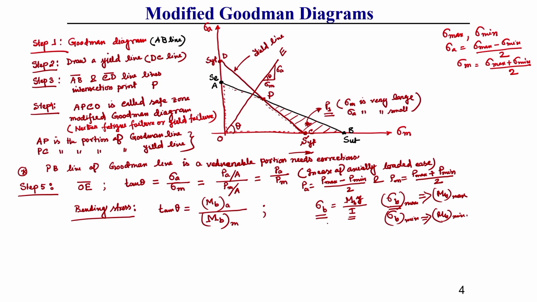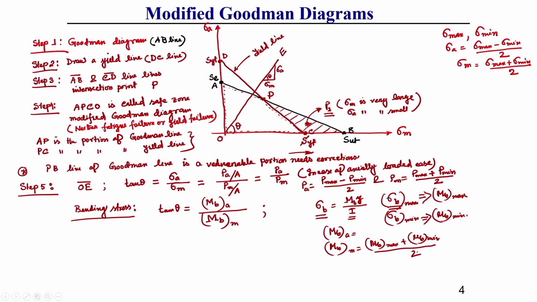In a similar way, we need to find out the M B amplitude. M B amplitude will be M B max minus M B min divided by 2, in the same way we used to calculate before. M B mean we can also calculate, as M B max plus M B min divided by 2.